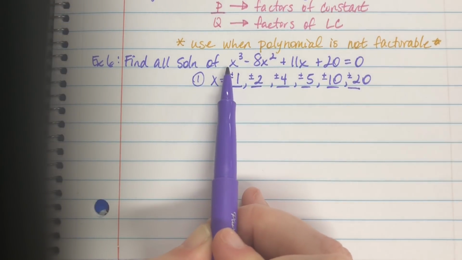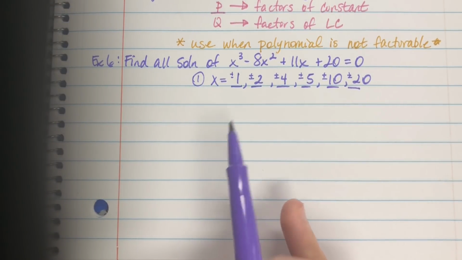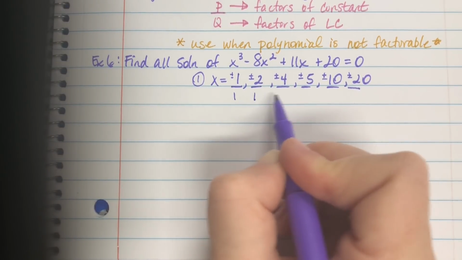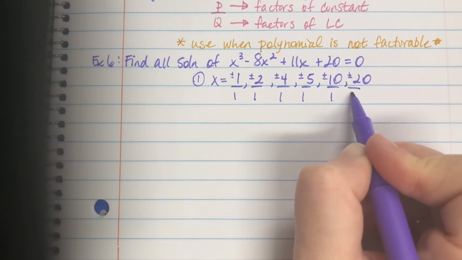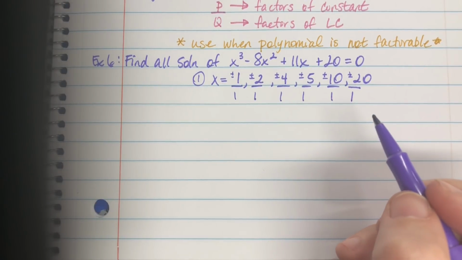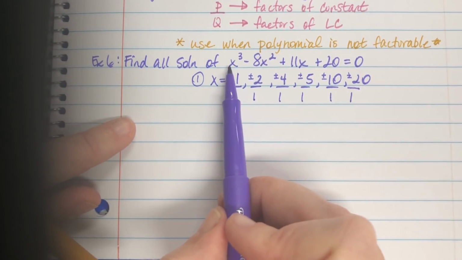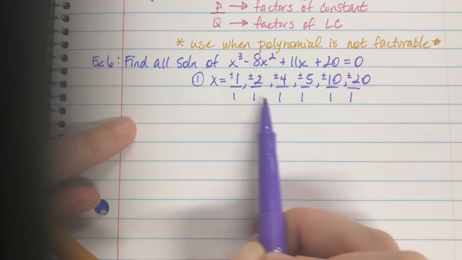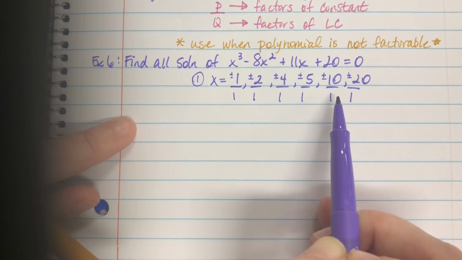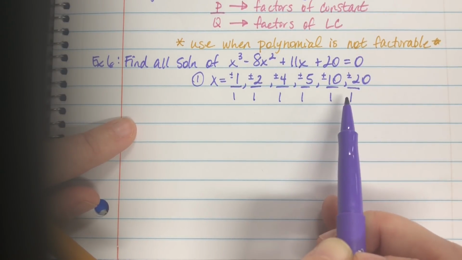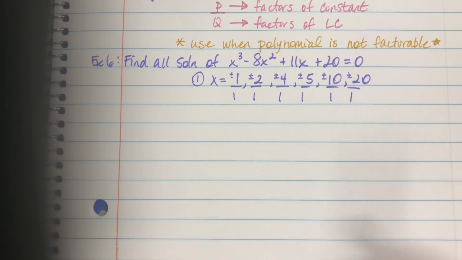Lead coefficient in this case is 1. The only factor of 1 is 1. So I divided every single factor of the constant by the factor of the lead coefficient.